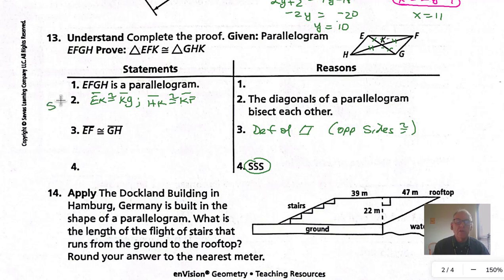So I guess these are the two sides we need. This gives us the other side that we need. So therefore, these two triangles are congruent. EFK is congruent to GHK by side, side, side.